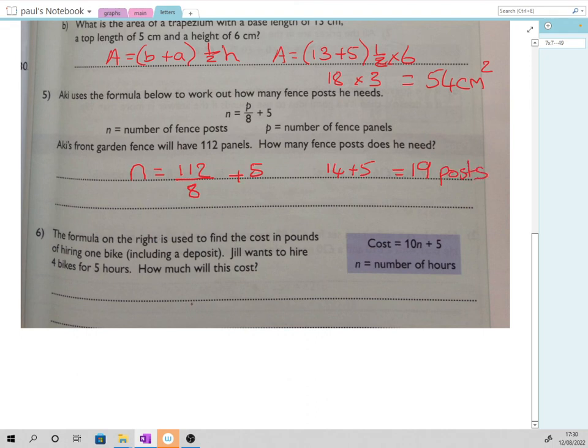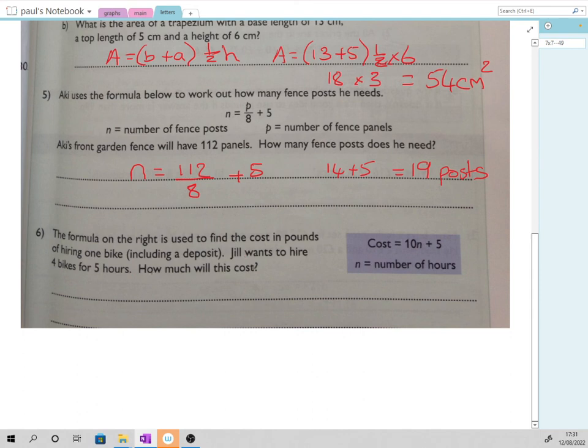And the last one here is the formula on the right, 10n plus 5, which is used to find the cost of hiring a bike, including the deposit. You can see that the deposit is going to be the £5 or whatever it might be. Jill wants to hire 4 bikes for 5 hours.